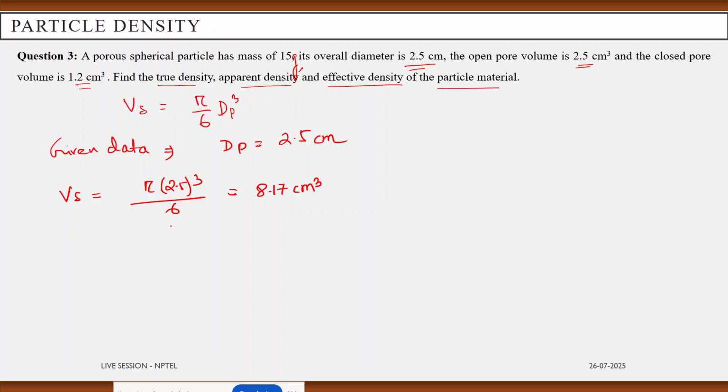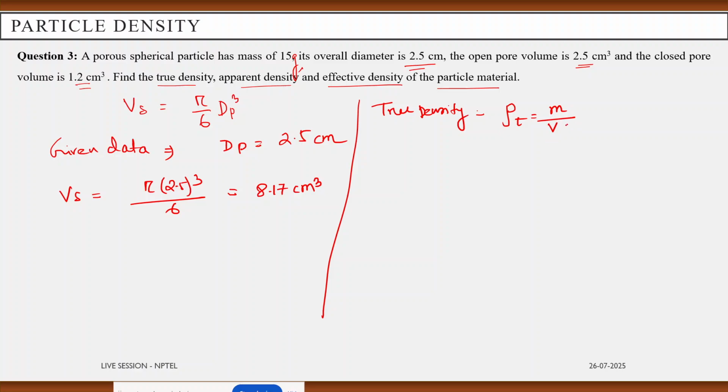So the first step is calculating the true density. The true density is mass by volume.